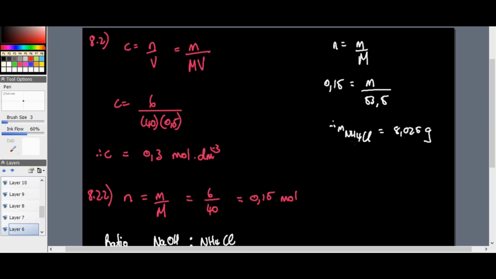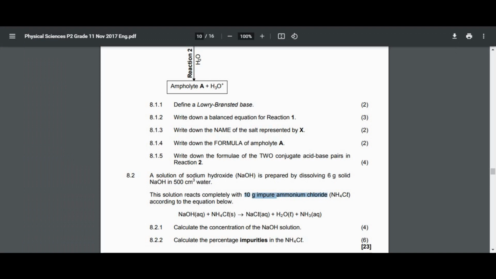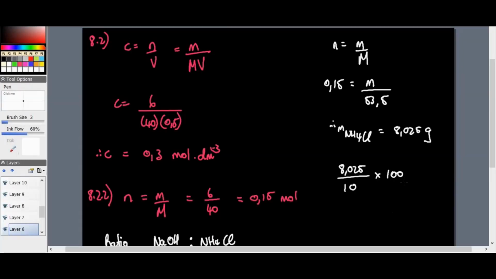The amount of ammonium chloride that should be pure is 8.025, and it says impure was 10. So if we take this 8.025 and divide it by 10 times 100, since they ask for percentage impurity, we get about 80.25% that's pure.